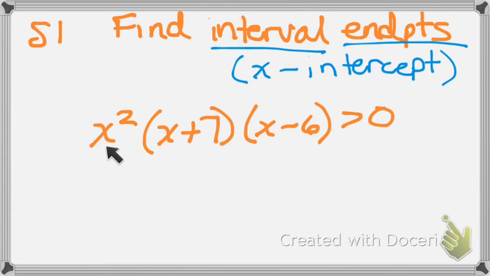So if I were to take that problem and look at it from its corresponding function's perspective, it would look like this. Let me put the f of x in front of that.